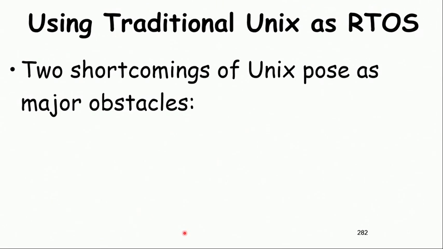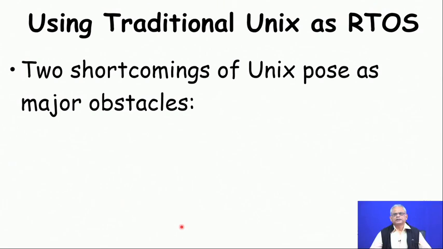So far in this lecture, we looked at the features that set apart a real time operating system from a non real time operating system. We identified about a dozen features which an operating system needs to support in order to be called a real time operating system.